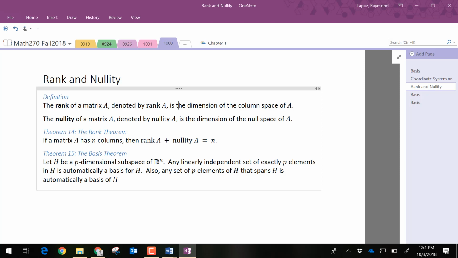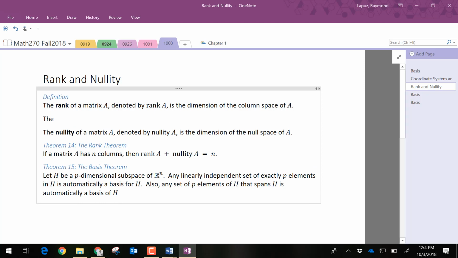The rank is also, by the way, the dimension of the row space. So again, we haven't talked much about row spaces, but the reason they call it a rank and the reason why it's important is that it also refers to the row space, not just the column space. So the rank is also the dimension of the row space.